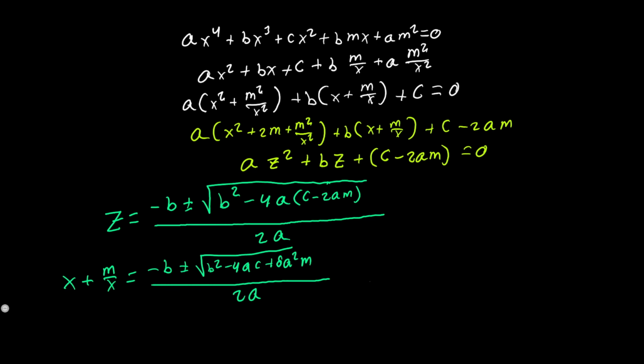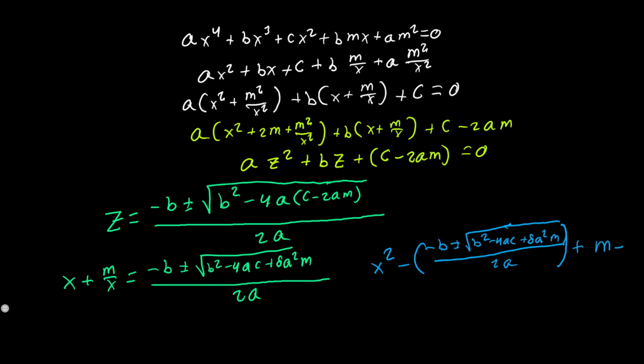Once doing that, we will have x squared minus negative b plus or minus the square root of b squared minus 4ac plus 8a squared m, over 2a, plus m is equal to 0.